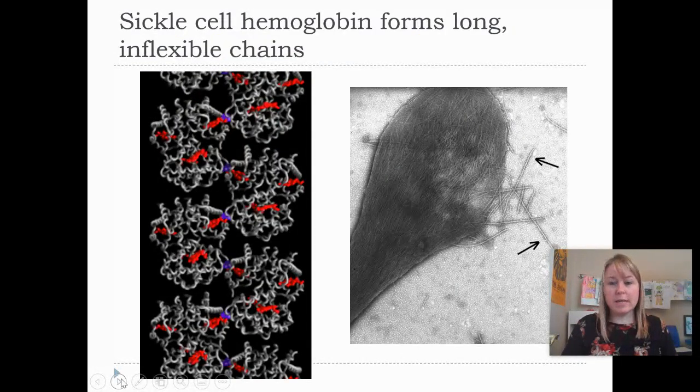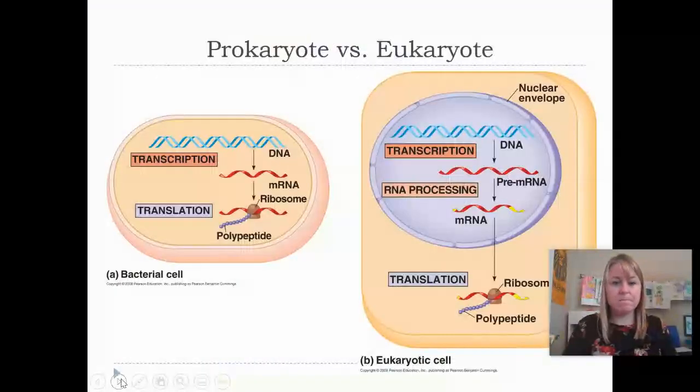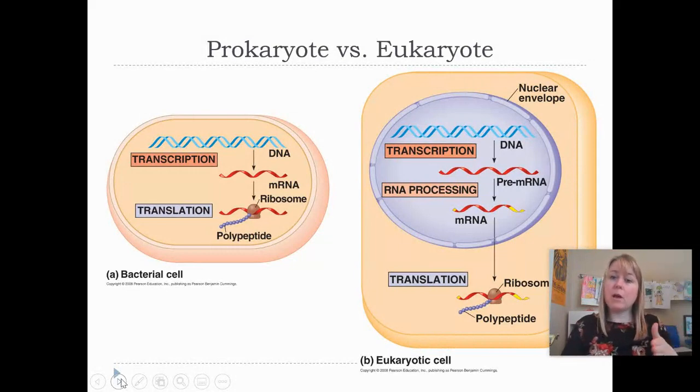It forms long, inflexible chains, which causes the red blood cell to have that weird sickled shape instead of a nice, flexible donut shape, which means they're much more likely to get caught and stuck on each other and create clots in blood vessels.